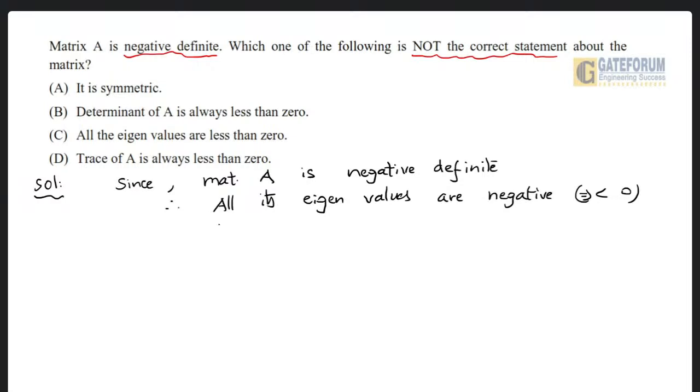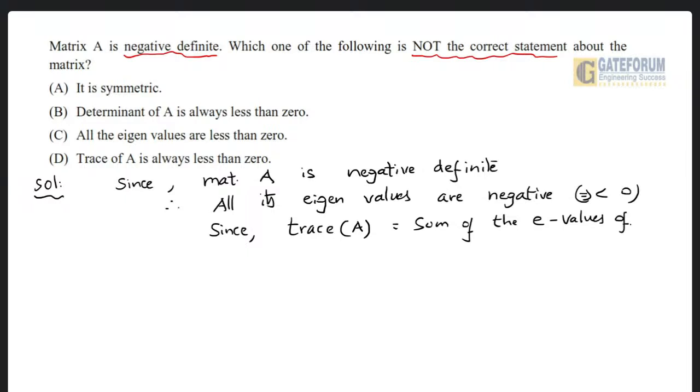Now, trace of a square matrix, according to the properties of eigenvalues, is the sum of the eigenvalues. Actually, trace of a matrix is the sum of the diagonal elements.